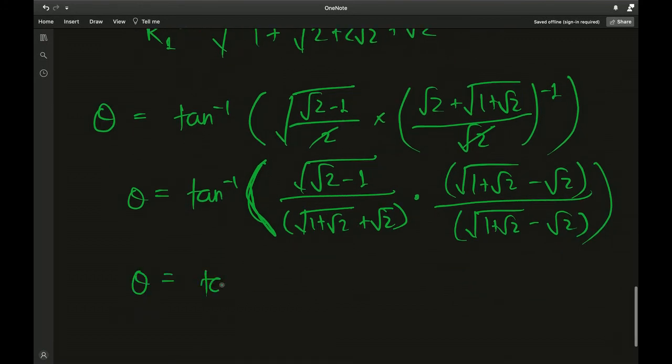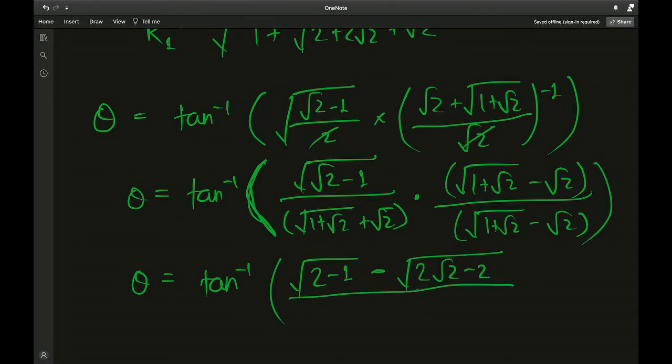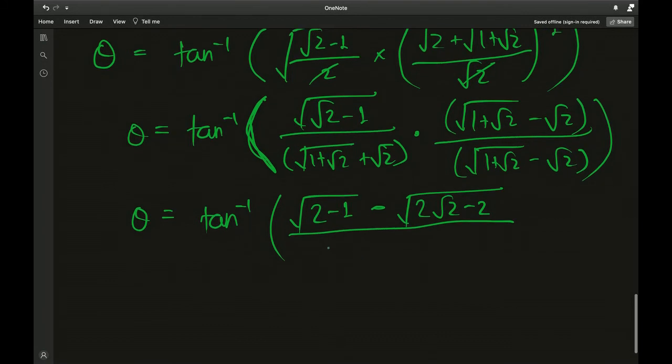Theta just becomes the inverse tangent of, we can use a difference of squares formula under a square root, square root 2 squared, which is 2, minus 1, minus square root of 2 root 2 minus 2, divided by, again difference of squares over here, 1 plus square root 2 minus 2.